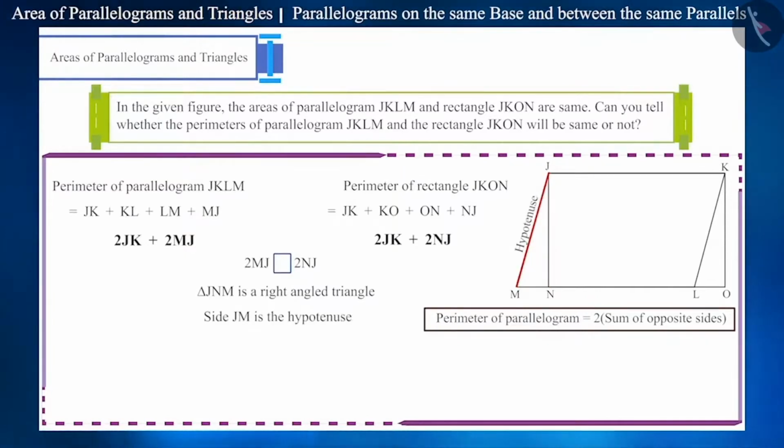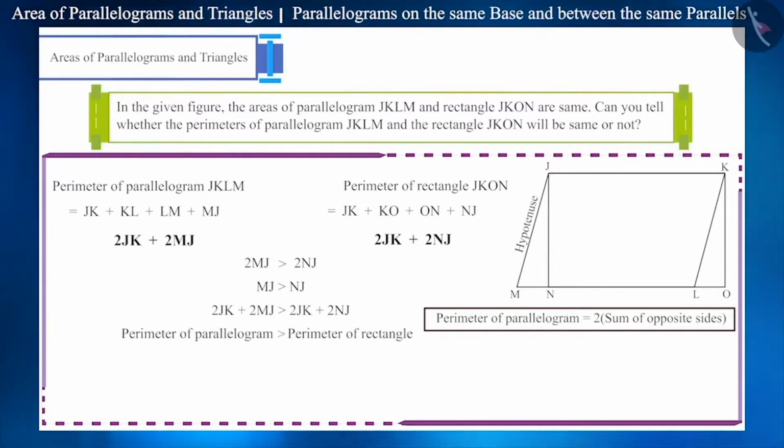And we know that the hypotenuse is always greater than other sides. Therefore, we can say that side JM will be greater than JN, or let's say MJ greater than NJ. Thus, it leads to the conclusion that the perimeter of a parallelogram is greater than the perimeter of a rectangle.